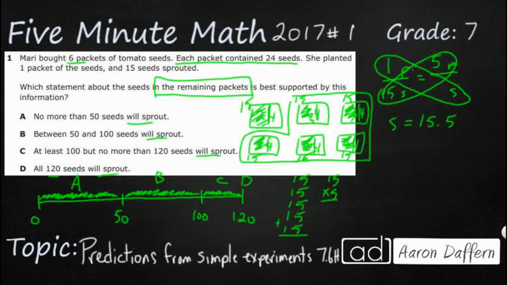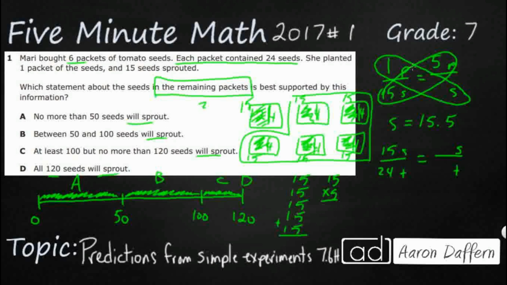There's also a really long way to do it. I could say instead of 15 over 1 or 1 over 15, I could say 15 sprouted over 24 total, because there were 24 total seeds in that packet. And so now I would be looking for how many sprouted, but then I've got to figure out how many total there are in the 5 remaining packets.